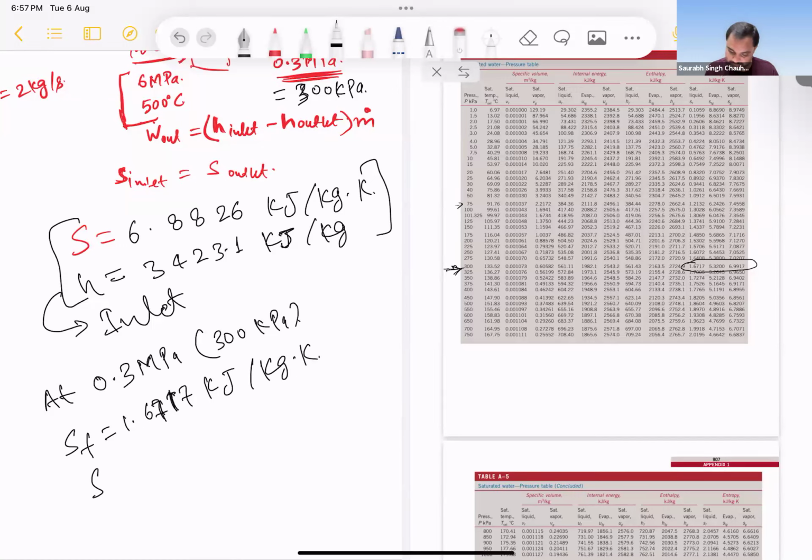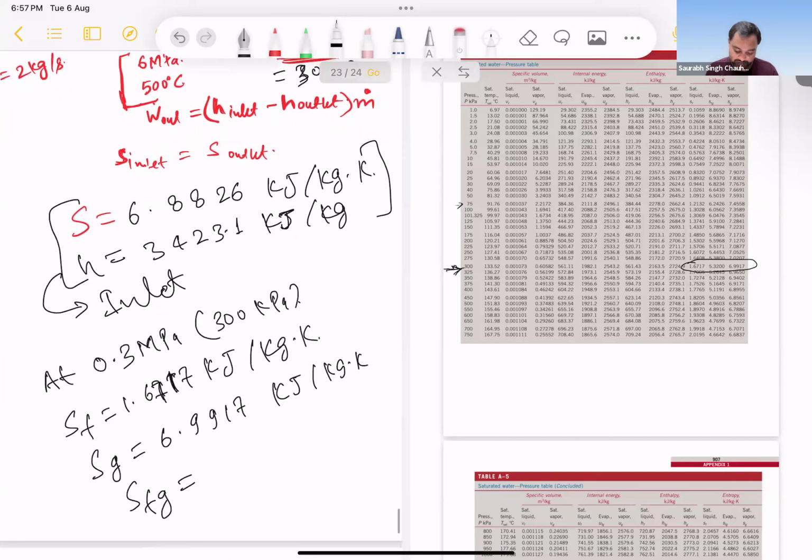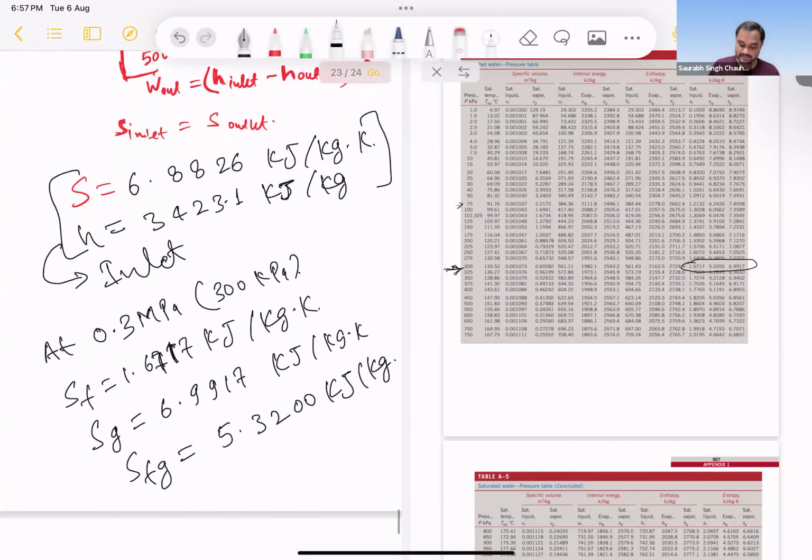Entropy of saturated gas, Sg, is 6.9917 kilojoule per kg Kelvin, and this difference, Sg minus Sf, Sfg, is 5.3200 kilojoule per kg Kelvin.